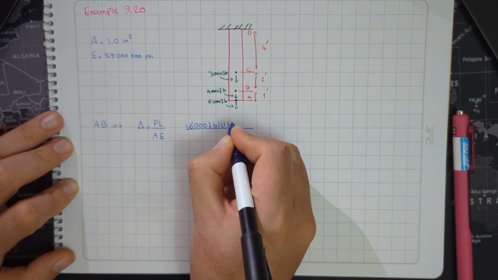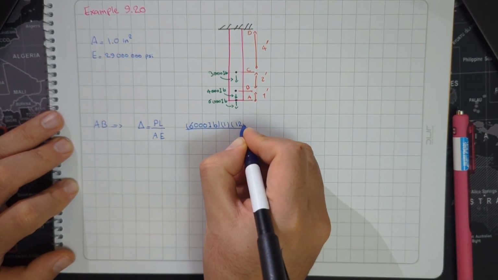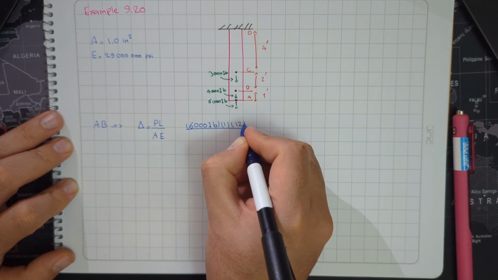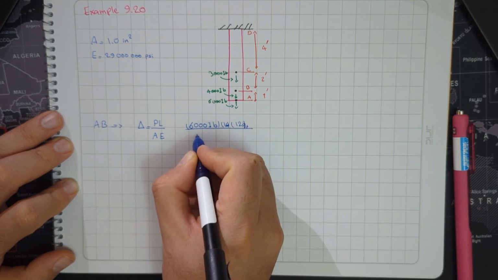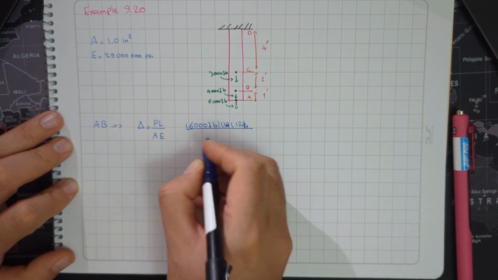We want inches, so we have to multiply it by 12 inches per foot. And how much is our area?